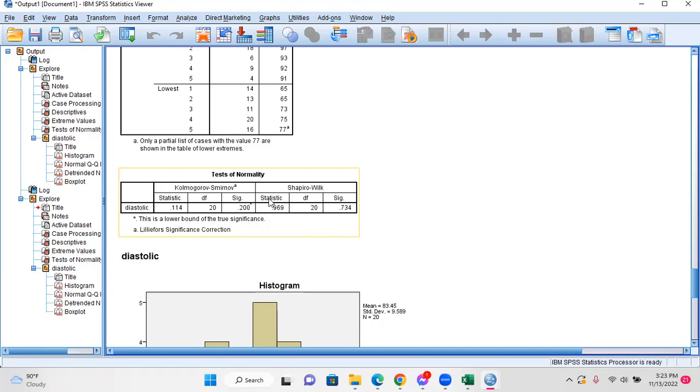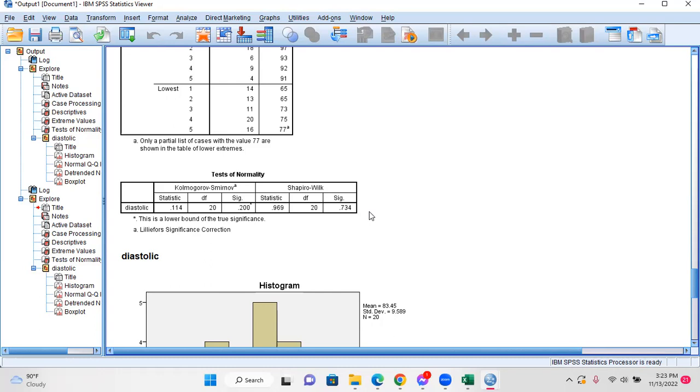So, less than 50 tayo. So, focus on the sig value. Kabaliktaran to sa level of significance, because if the sig value is more than 0.05, then it means to say that the data is normal. So, normal ang data natin.